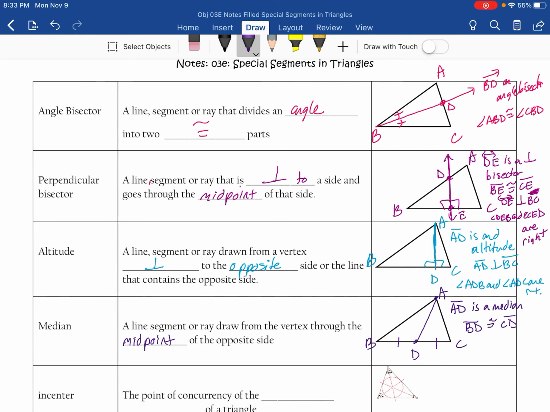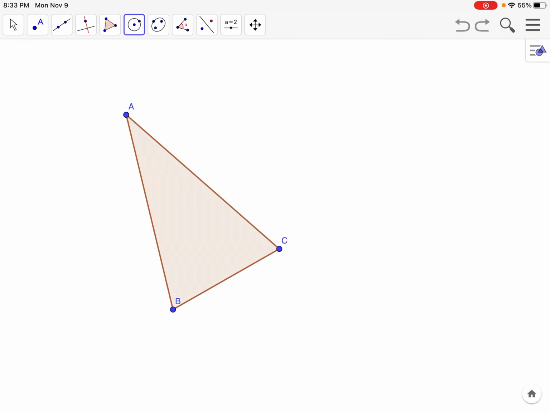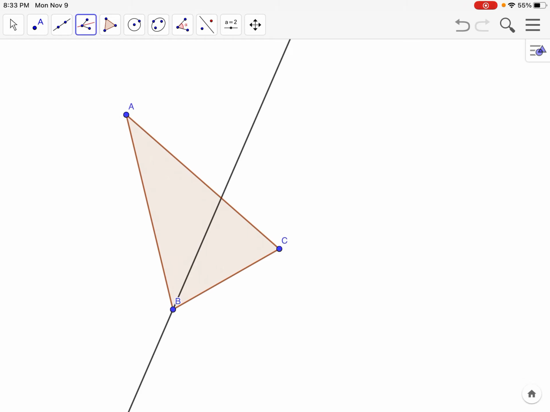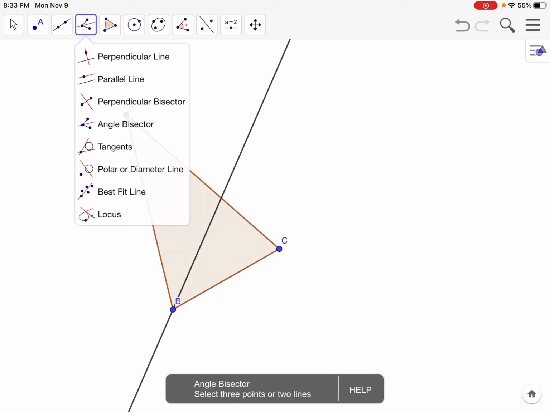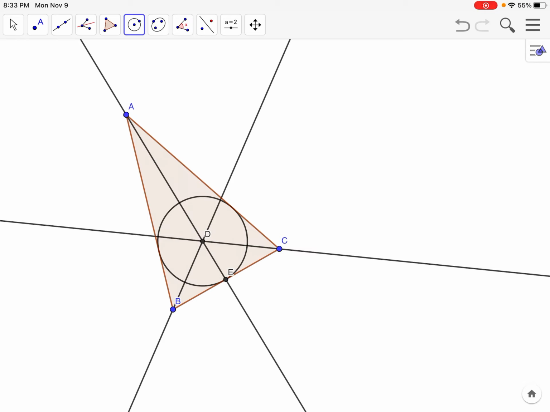What I wanted to show you is these are actually kind of cool and magical with art and whatnot. So I'm just going to show you really quickly the angle bisectors. Here's one angle bisector, then we have the second angle bisector, and then our third angle bisector. What you'll notice is that since a triangle has 3 angles, I can bisect 3 angles, and they all meet at this certain point. This point is called the incenter. The incenter is actually equidistant from the sides.